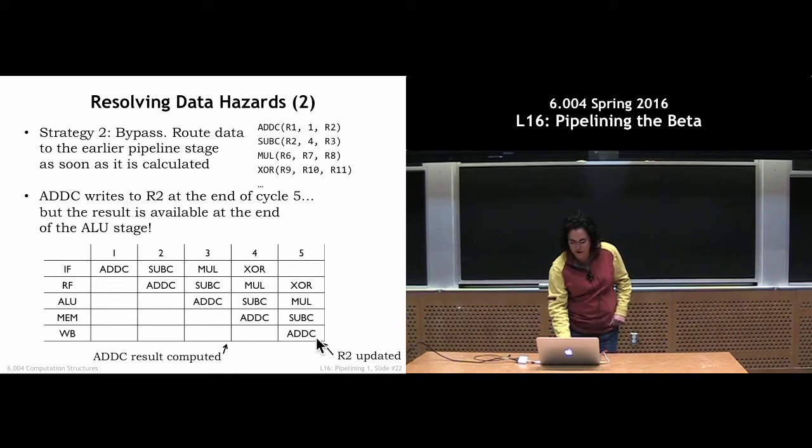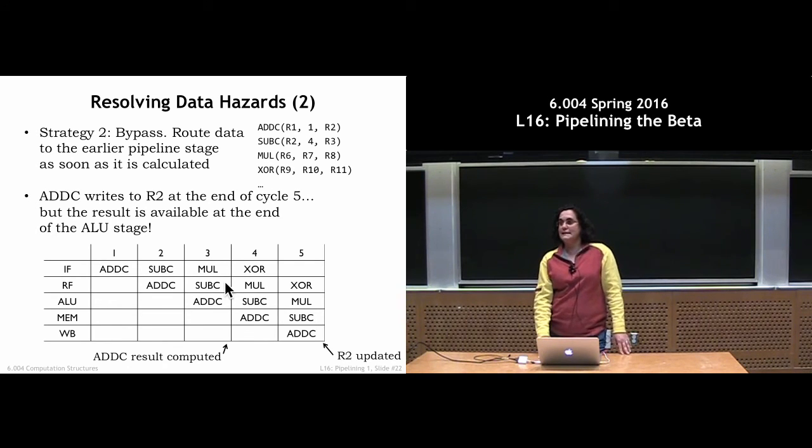We still have the situation where this add C is writing to R2 at the end of cycle 5, but the sub C is trying to read it in cycle 3. Well, as we mentioned, the data is available to you elsewhere. And so we can just send the data from where it's available to where we need it.